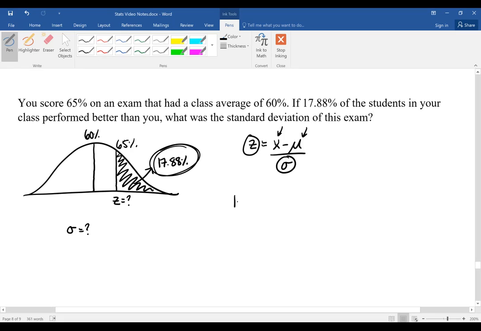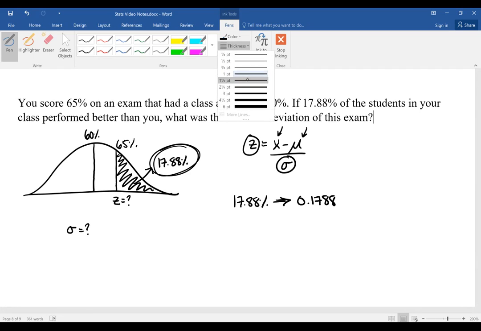Let's convert that into a decimal. And let's go find that decimal on our z-score table. Before we do that, what you need to remember is that any z-score table is going to tell you the percentage below a particular z-score.